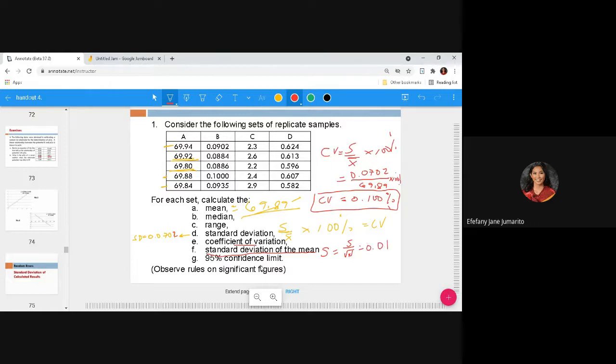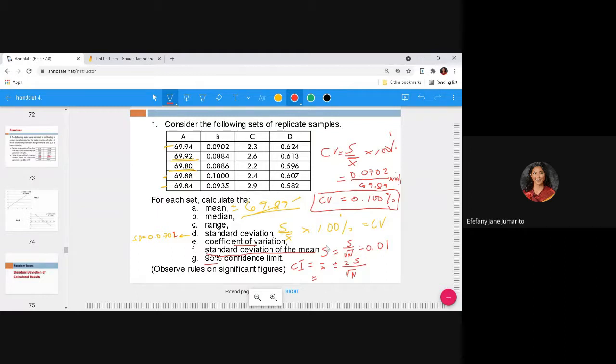Okay, so that is 0.01. Now, when we are asked of the 95% confidence limit, what is the formula of CI? CI is equal to mean plus and minus Z, then standard deviation over square root of N. Okay, so we have that one.